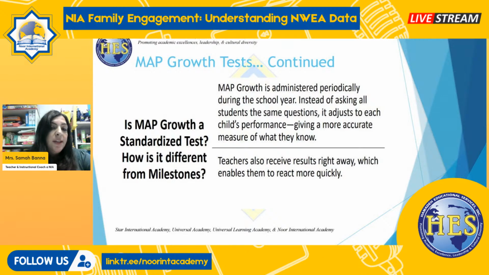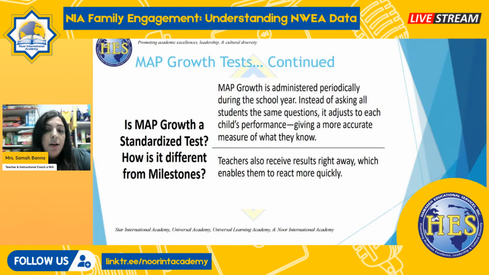Is MAP Growth a standardized test, and how is it different from Milestones? So Michigan students take the MSTEP test. The nice thing about the NWEA test is that its results are available to us right on the spot, within 24 hours. We have access to reports, and we can quickly make the adjustments we need to ensure that there's academic growth.